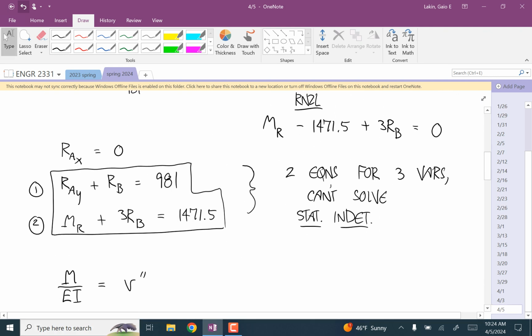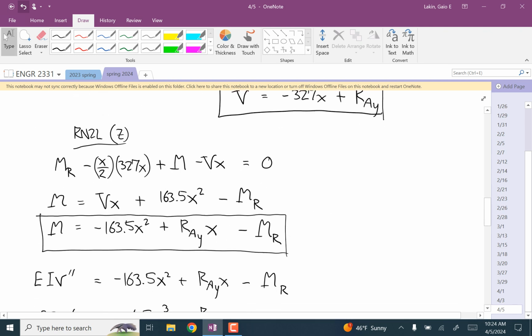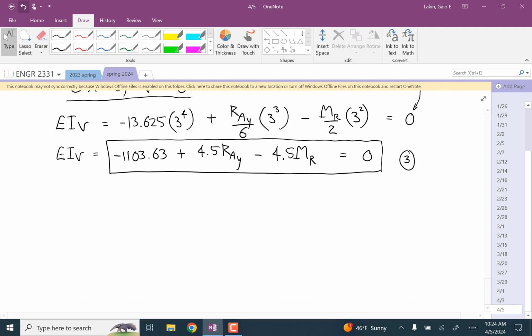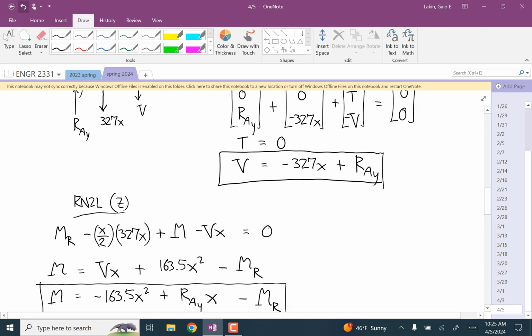So we have one equation, RAY plus RB is equal to 981.